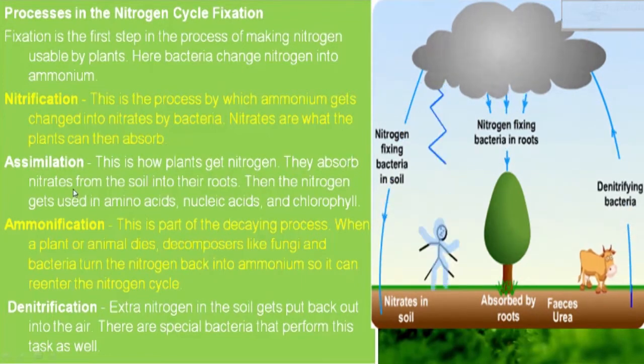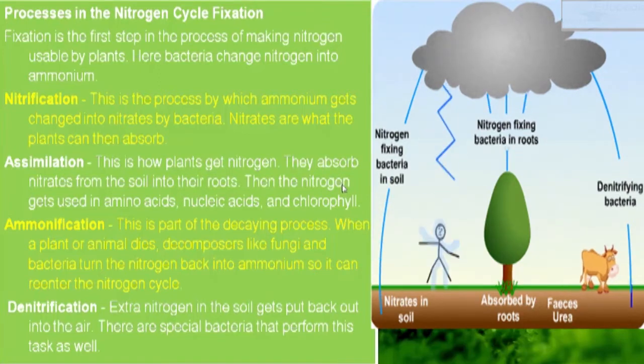They absorb nitrate from soil into their roots, and then nitrogen gets used in amino acids, nucleic acids, and chlorophyll, as I told you. Okay, that nitrogen is a constituent of amino acids, proteins, hormones, chlorophyll, and many of the vitamins. And then comes ammonification. This is part of the decaying process.